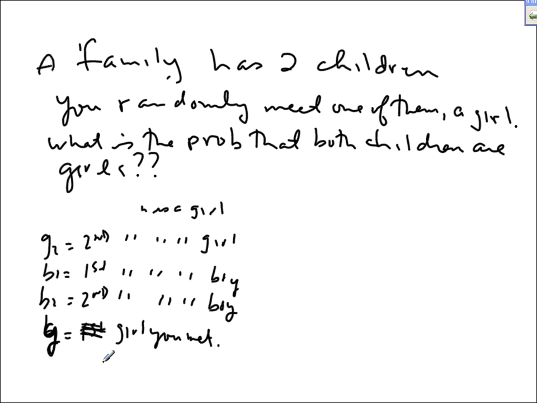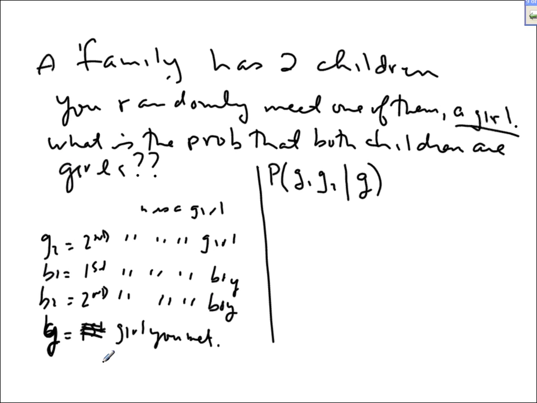Right. So, what is the probability that both children are girls, given that you met one? We want the probability of both children being girls, given that you met a girl.